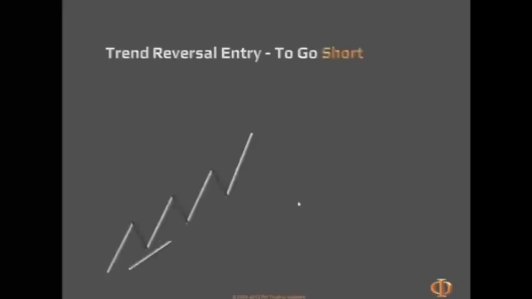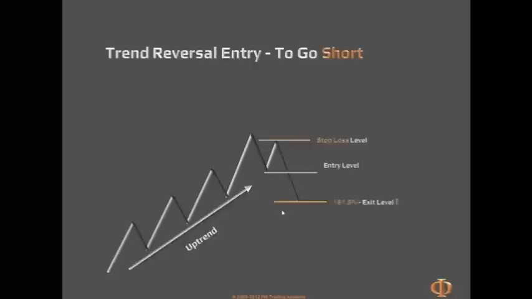On the flip side, market is going up, everyone is happy, fails to go higher, breaks the last bottom. So this is our entry level. We place our stop loss above the failure level. Fibonacci from last bottom to the last top, finding the 161 where we close 50% of our position.